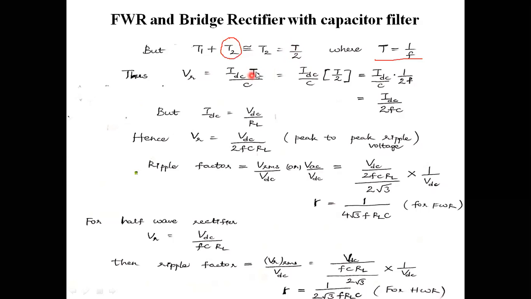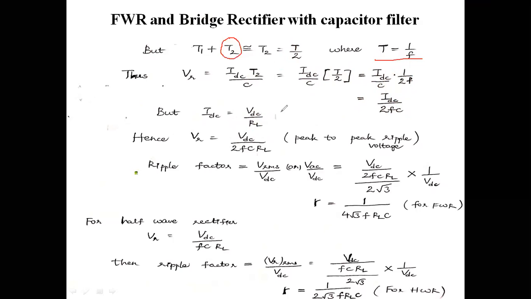I am going to substitute this value here, T by 2 by C. That is equal to Idc by C into T, which is 1 by f, so 1 by 2f. That is equal to Idc by 2fC. But Idc is equal to Vdc by RL.